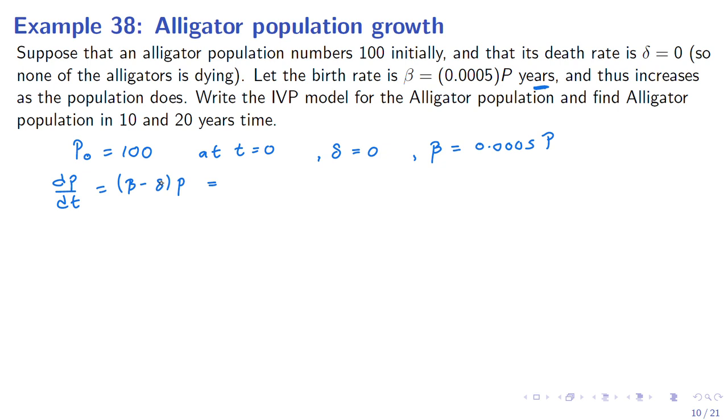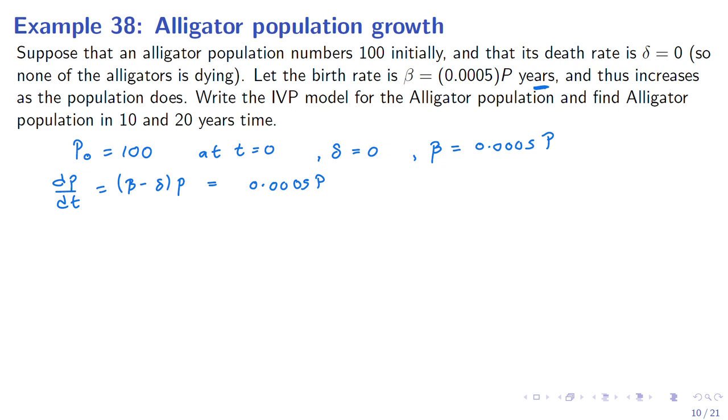The delta is 0, and in here beta actually is in the form of times P. No, I think I made a mistake.